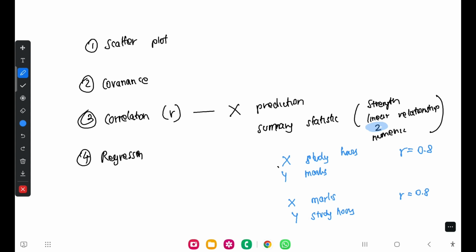That is another disadvantage. Because of the inability to use this for prediction, we have to use another technique called regression. So that's basically correlation, guys, for the starting bit.